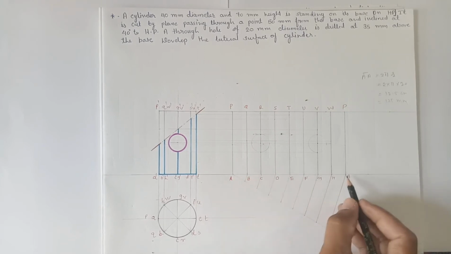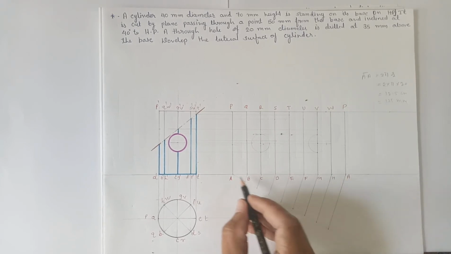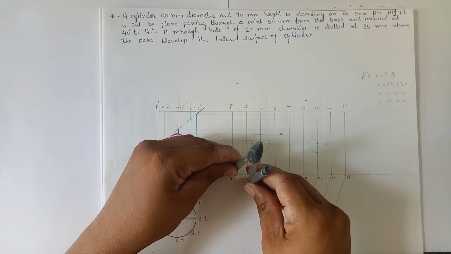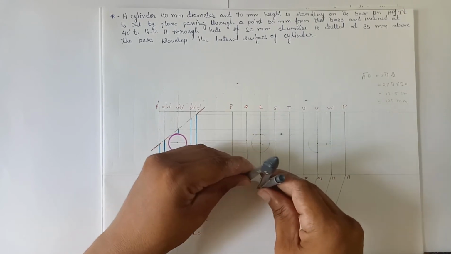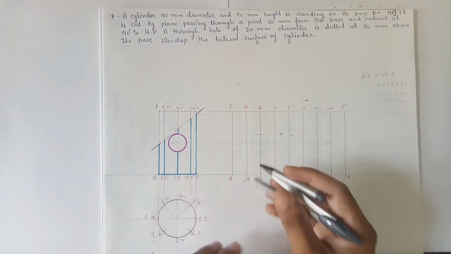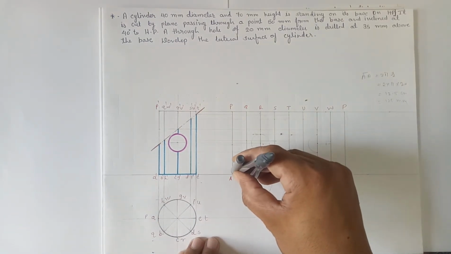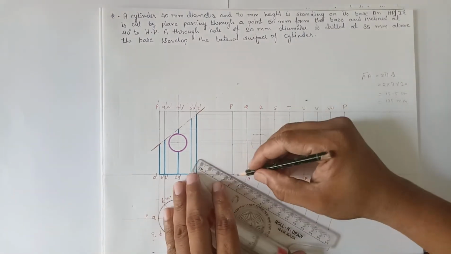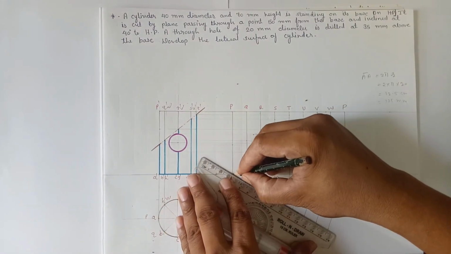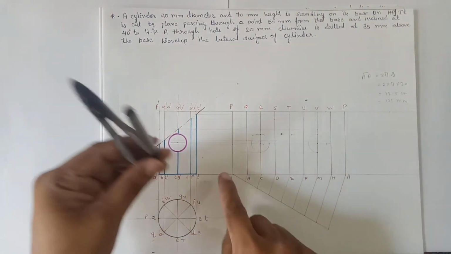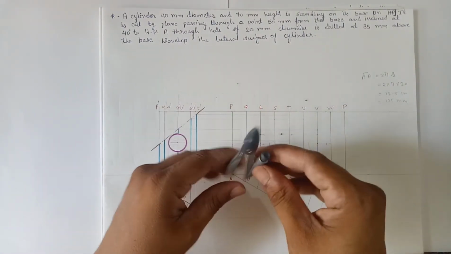Now if you want to divide this length into 8 equal parts, draw an inclined line from point A and mark 8 points on this inclined line, that is 1, 2, of equal length. This is the inclined line method to divide a line into 8 equal parts.